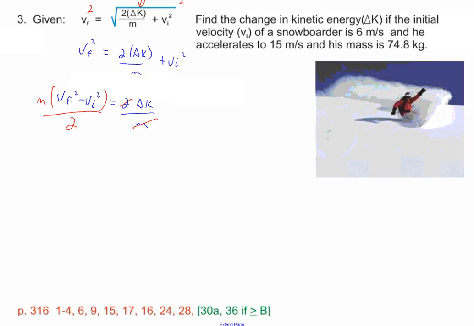And again, I needed that parentheses because it's m over 2 times the left side, which is v of f squared minus v of i squared. Now you're just putting in the values. So mass is 74.8, and you should always include your units, kilograms. Final velocity, so initial velocity of, let's see, 6 meters per second.